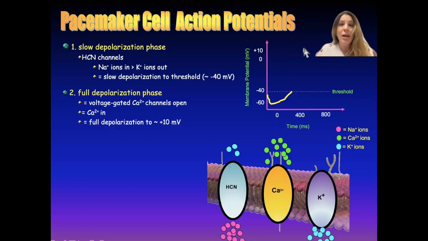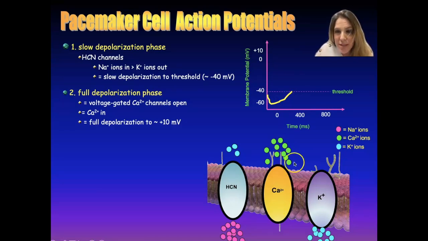It's going to get really positively charged inside that cell. And that is what we call full depolarization. So this is the full depolarization phase. We're going to go from the threshold voltage of -40 that we got as a result of what happened with the HCN channels, and now it's going to boom, shoot up all the way to +10. So we're going to reach our maximum potential at +10.